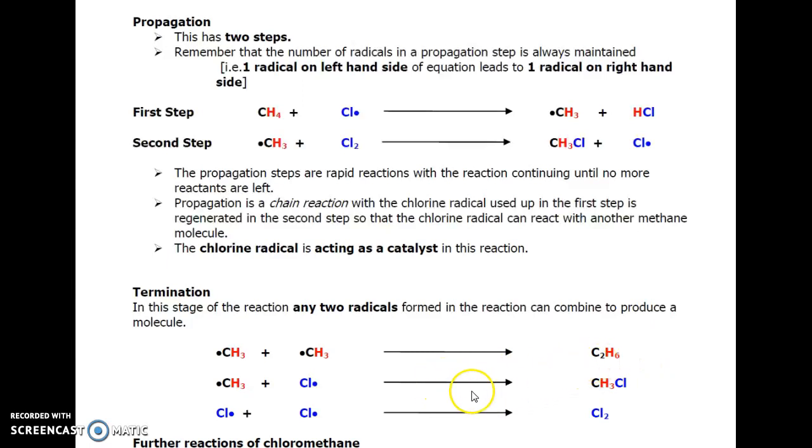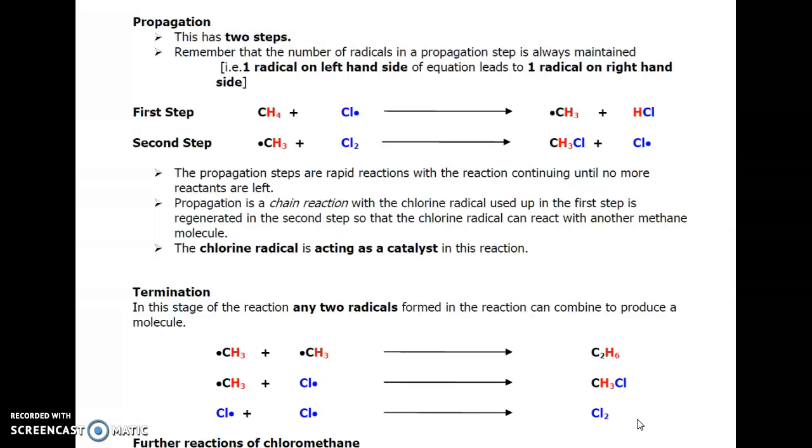That's what the exam board prefer. Another combination would be a methyl radical reacting with a chlorine radical to make chloromethane, so we can make our desired product here. But most of it is actually formed during the propagation steps. And finally, two chlorine radicals could come together to form a chlorine molecule.